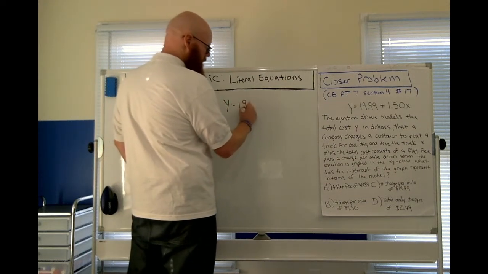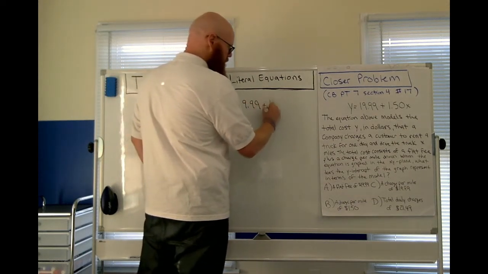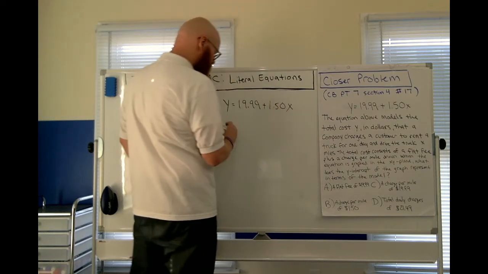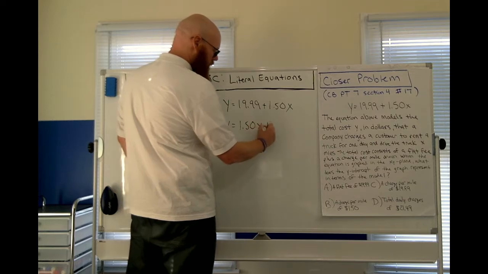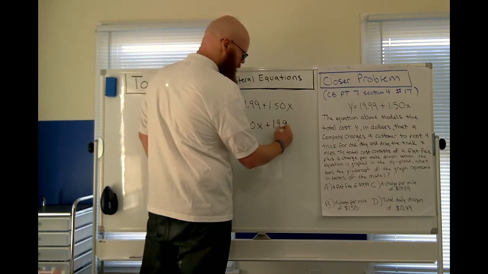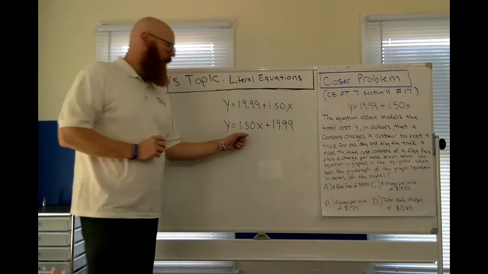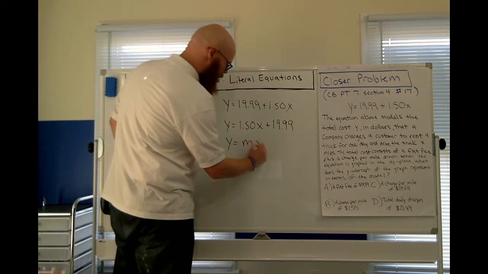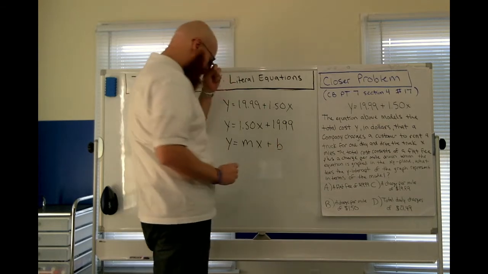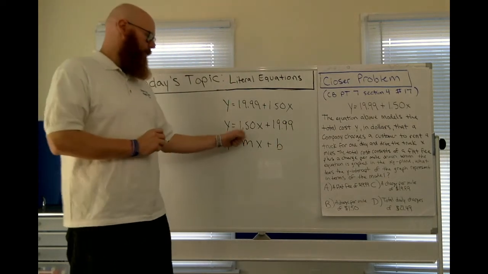So they've got $19.99 plus $1.50x. You may be used to saying it in this way, $1.50x plus $19.99. And the $1.50 would be in the position where, if we look at y equals mx plus b, m is the slope, that would be $1.50.